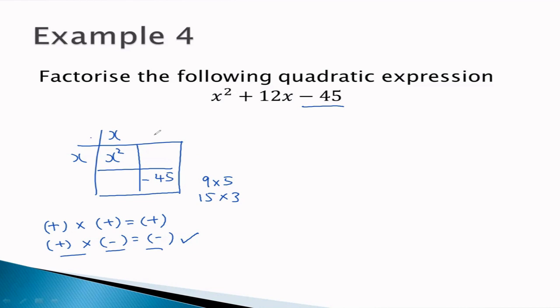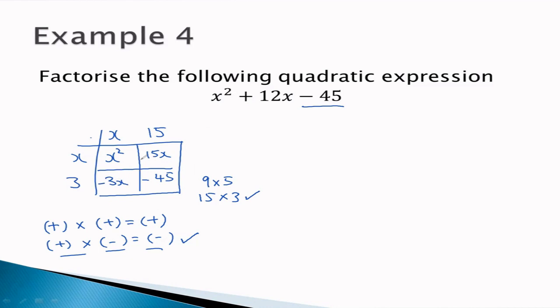How do I get 12x? I think from experience, most likely it will be 15 and 3. So I'll put 15 and 3 here. So I get 15 times x, I'll get 15x. And 3 times x, I'll get 3x. So I want a positive 12x, so it has to be 15x minus 3x, right?